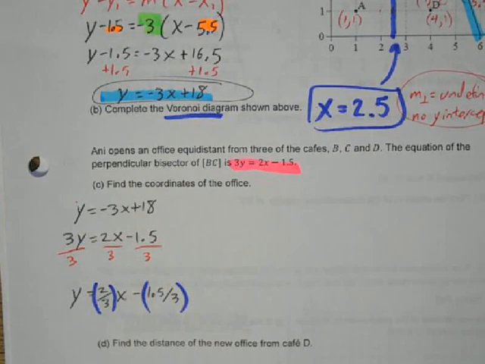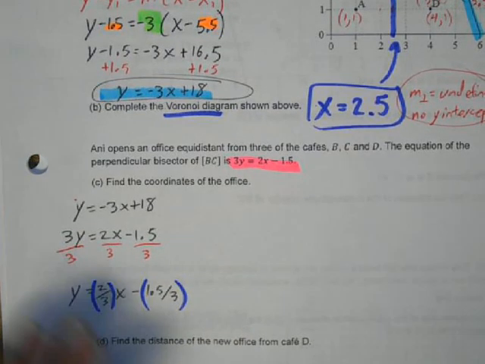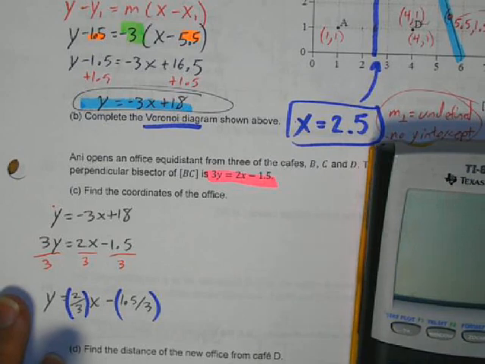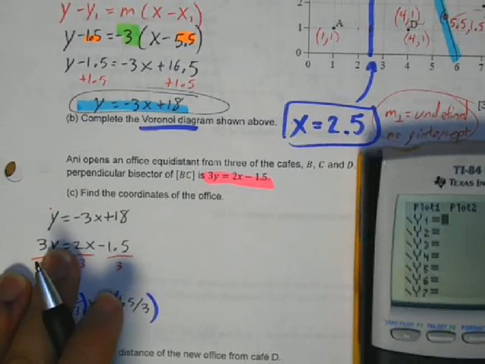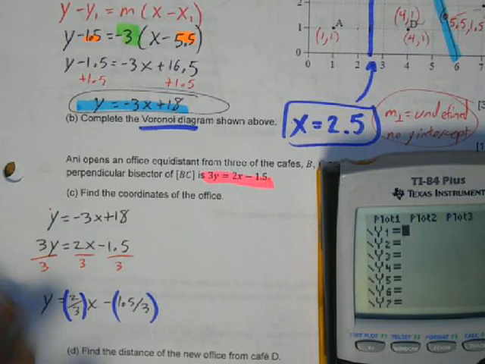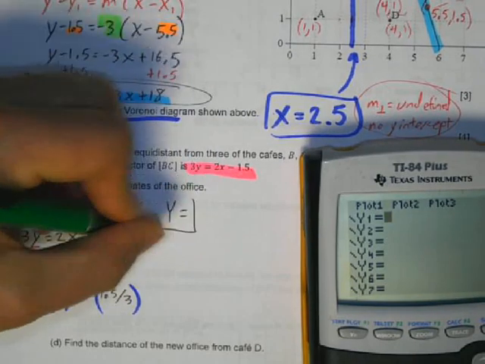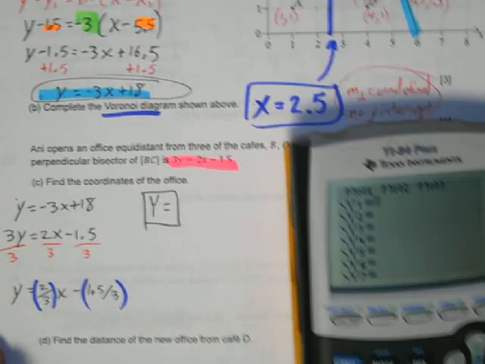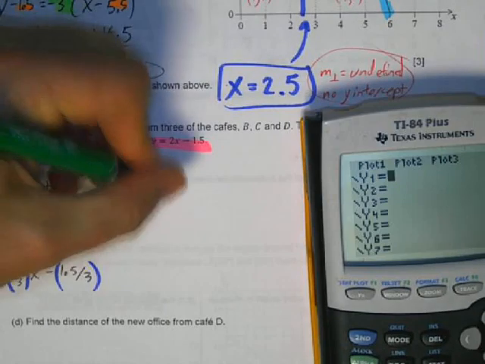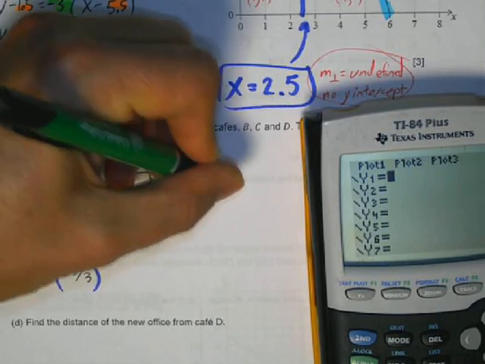So, using my calculator, let's do this. You're going to press y equals, and then type in the first equation, y equals negative 3x plus 18.